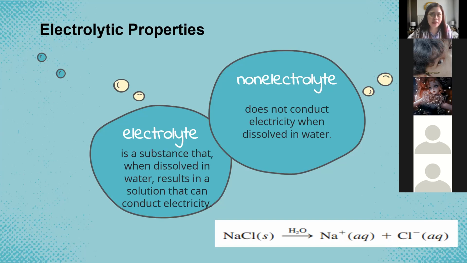So kung nagsusweat tayo, nagda-diarrhea tayo, sa diarrhea kasi ma-incorporate din siya sa stool. So pwede din na magkakaroon tayo ng electrolyte imbalance. So kaya pwede din si Gatorade during diarrhea.